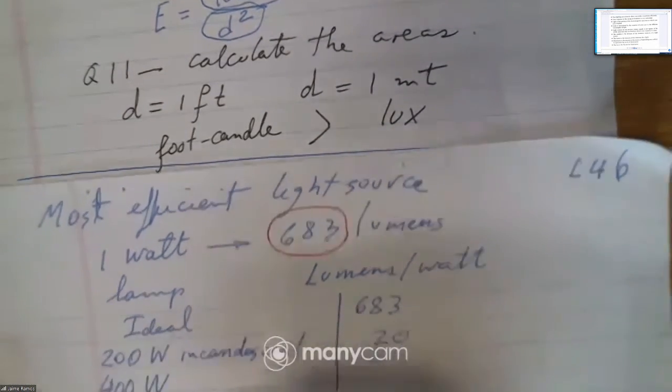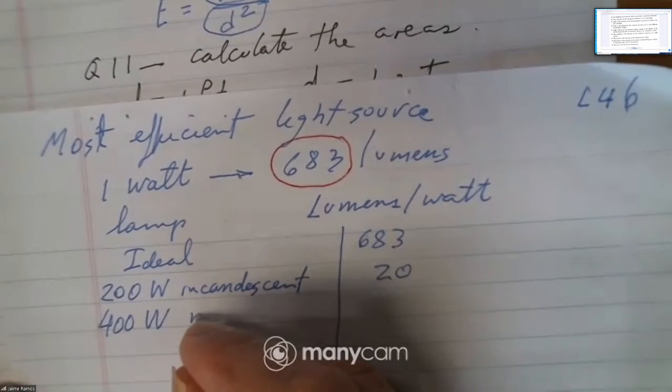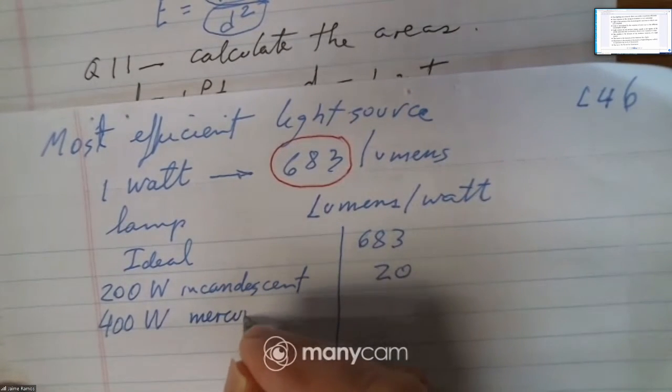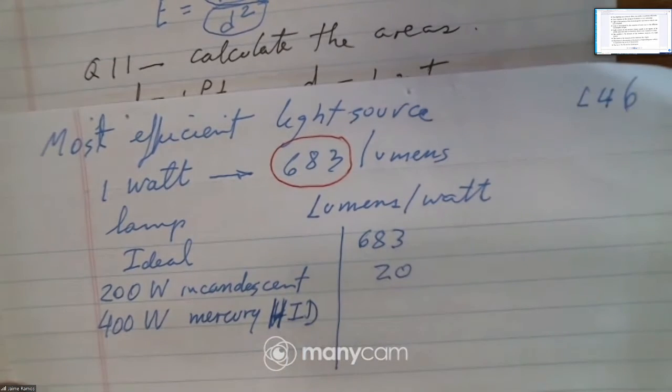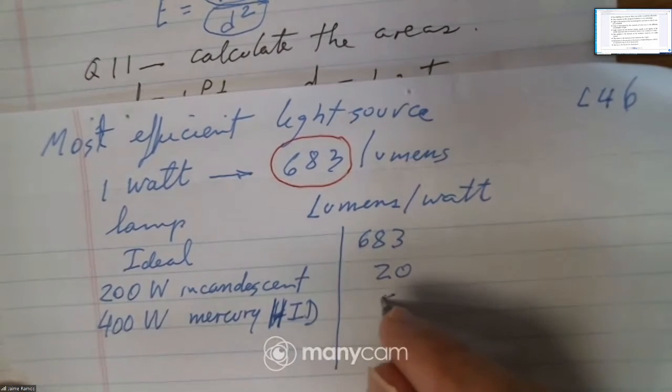A 400 watt mercury lamp, HID, high intensity discharge, has 50.